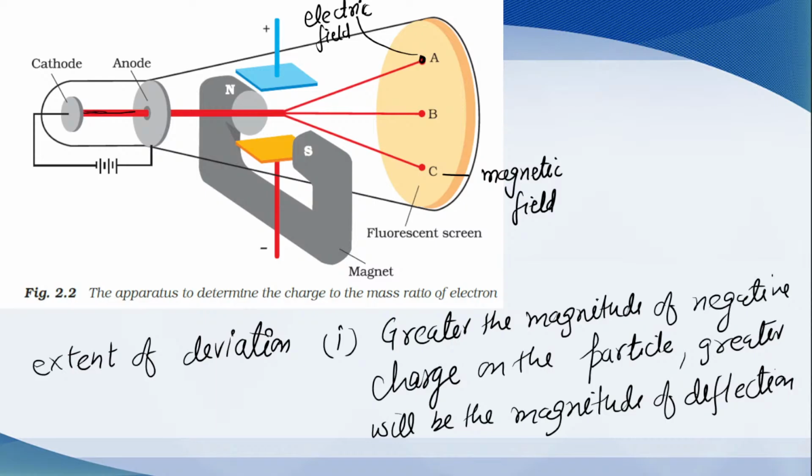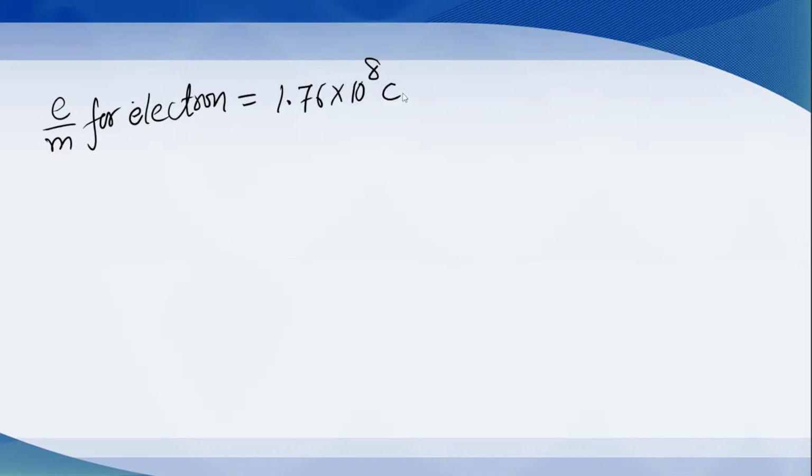The value comes out to be 1.76 into 10 raised to power 8 coulomb per gram.